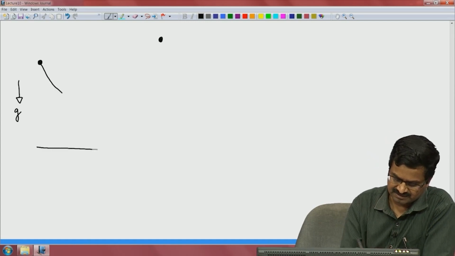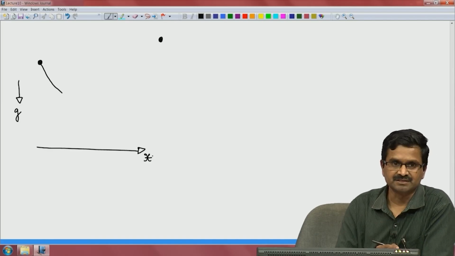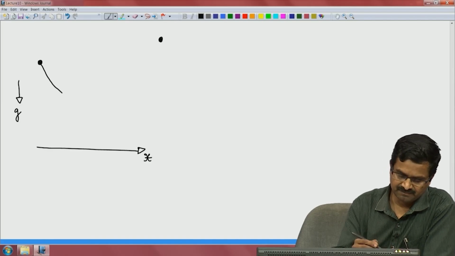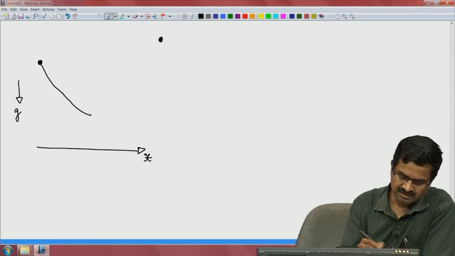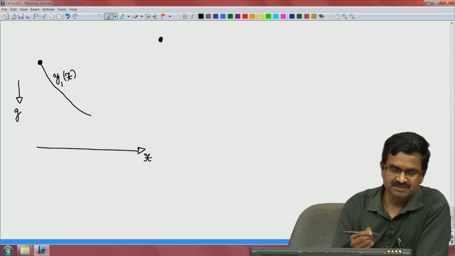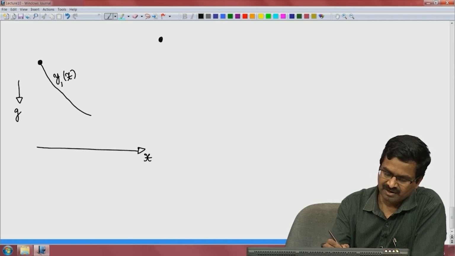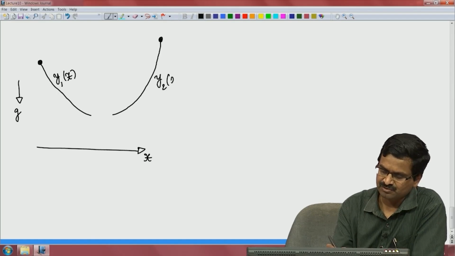Let us say this horizontal direction is x, vertical direction is y. We want to find this function, let us say y1 of x somewhere, we do not know where. And we have another function, let us say this is y2 of x.